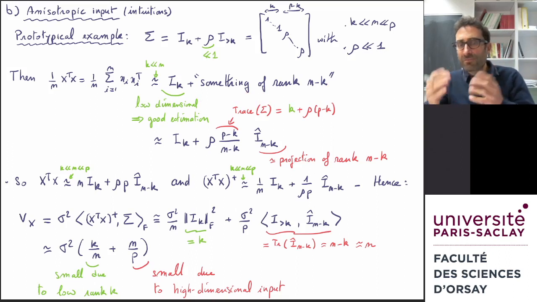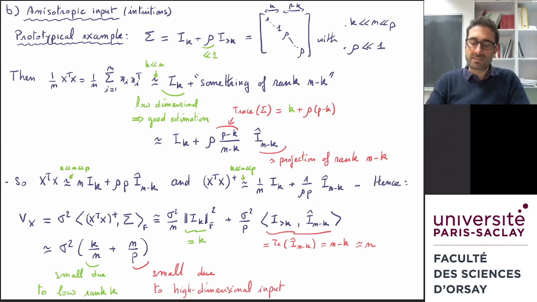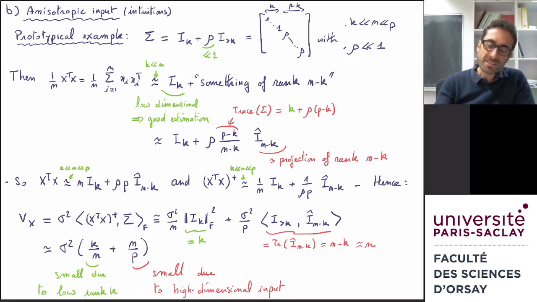And let's try to figure out what this part of the empirical covariance is. So we know that it has a rank which is n minus k. And what we have also is that this is completely isotropic, okay? So here we have something which is isotropic with respect to this part of the space.